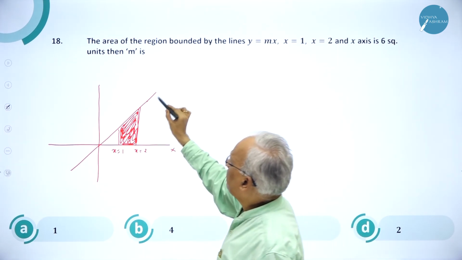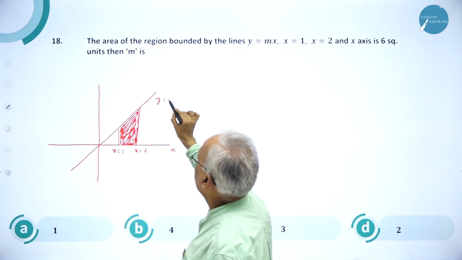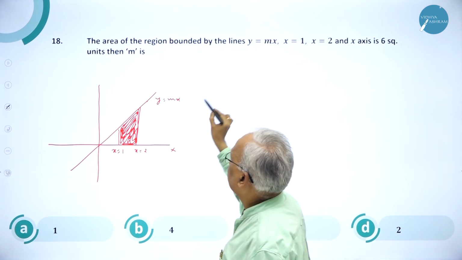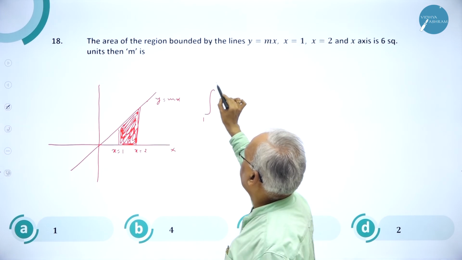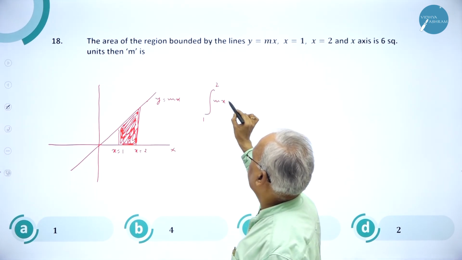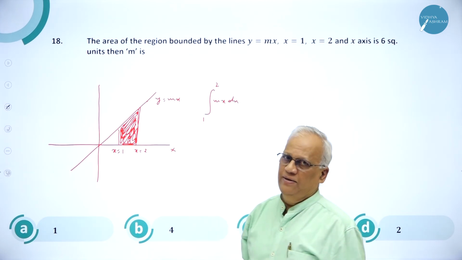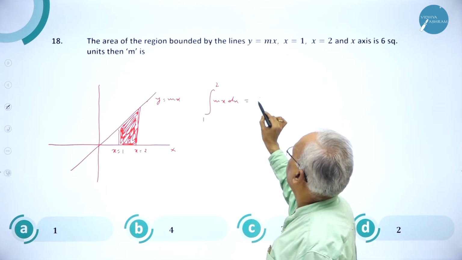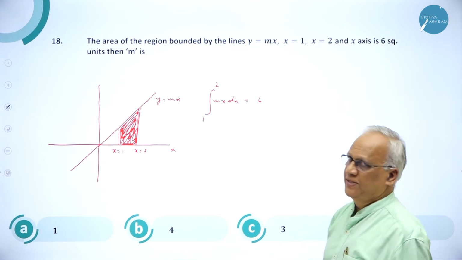So, the equation of this line is y equal to mx plus c. So, area is nothing but integral 1 to 2 y, that is mx into dx. This is the area, okay, that is given to be 6 square units.